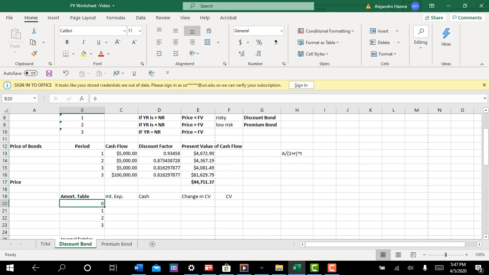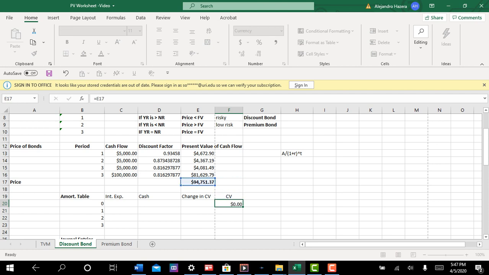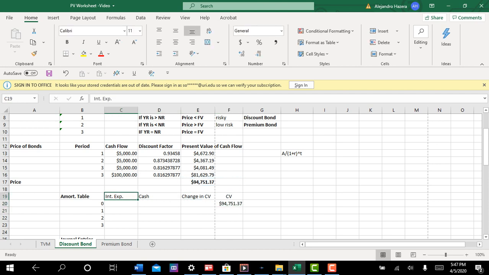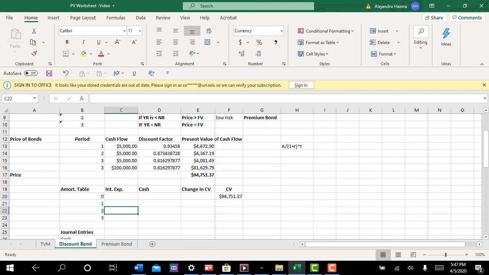Okay, so the carrying value is always equal to the initial price of the bond. So in this case, our carrying value is equal to $94,751.37. Okay, so we have that right there. And the interest expense, I'm just going to do it as a text. The interest expense is going to be calculated at 7%.